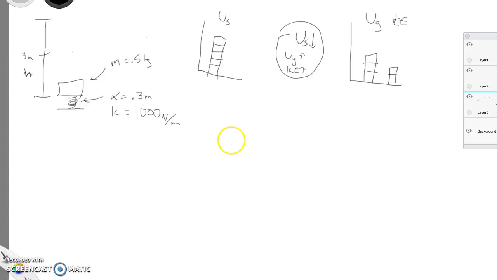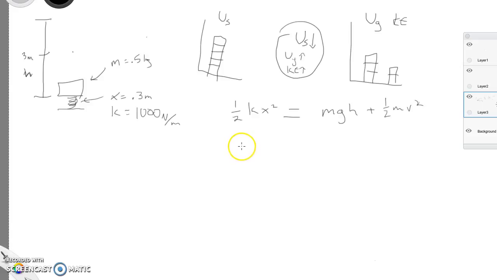Now we need to put in our equations. Under the circle we put our equal sign. On this side we have gravitational potential energy, so mgh. We have kinetic energy, so we add 1/2 mv squared. On this side we have elastic potential energy, which is 1/2 kx squared.